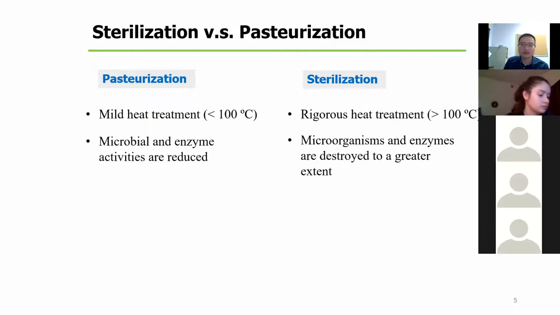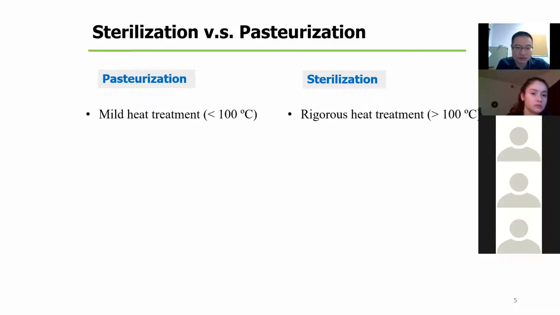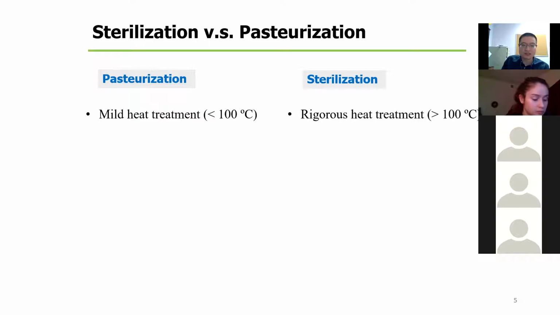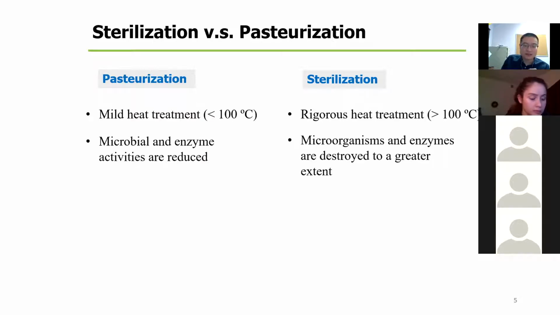So pasteurization has the most mild temperature, less than 100 degrees C, usually 65 or 70, more than 70. But in sterilization, we apply more than 100 degrees C, normally 121 degrees C. And in pasteurization, we only deactivate those pathogenic microbes and enzymes.